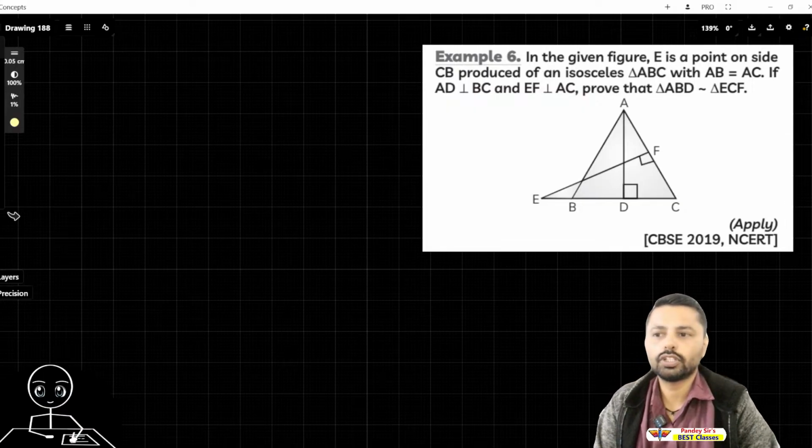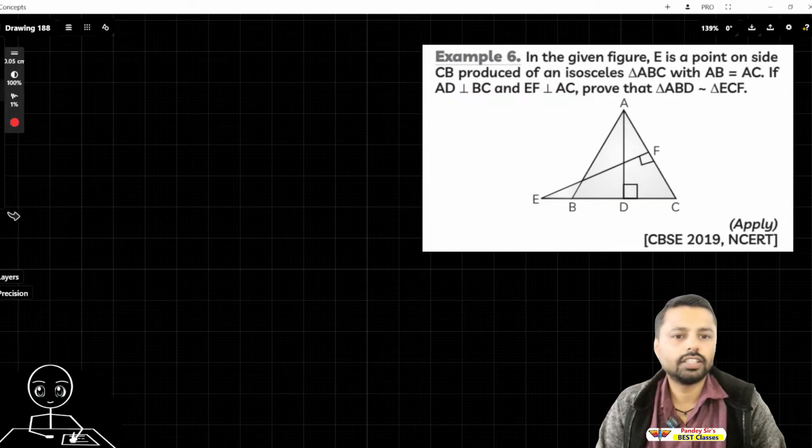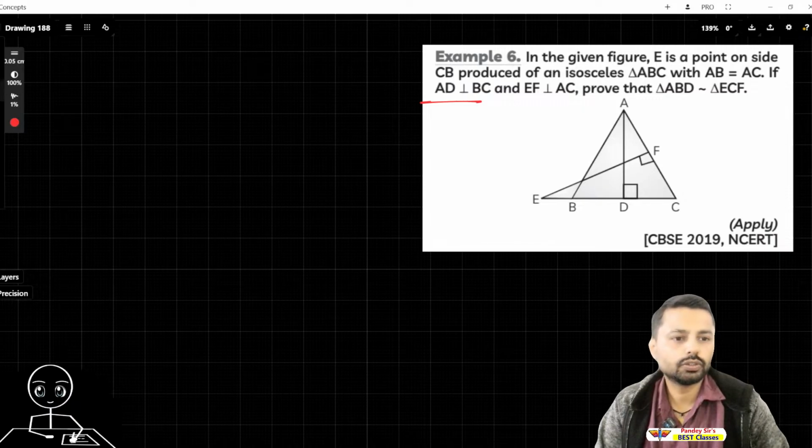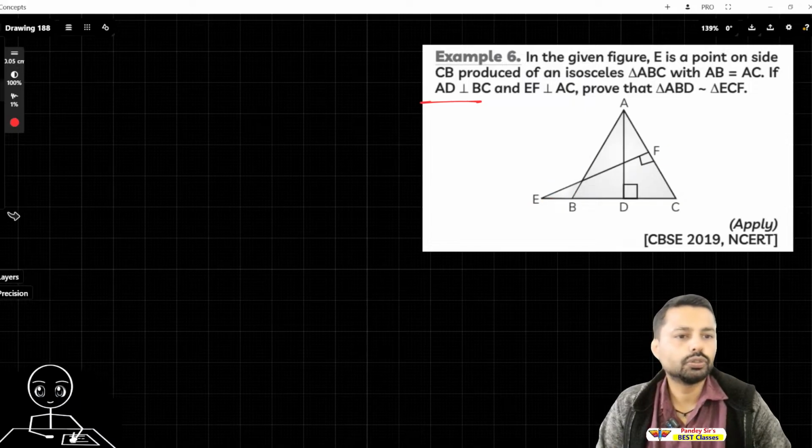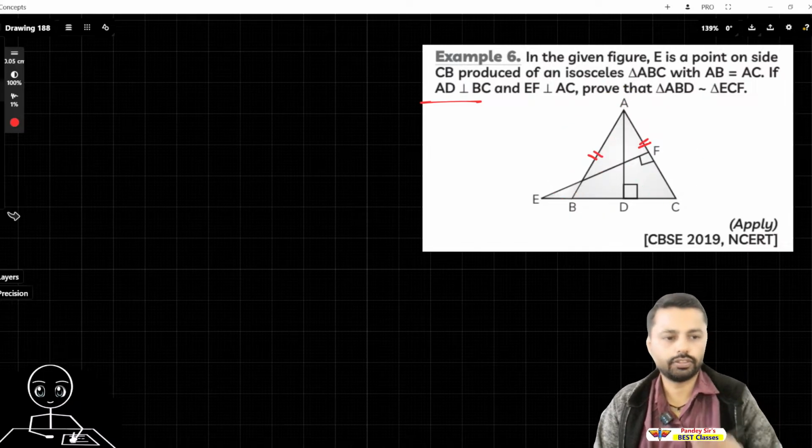What is given? AD is perpendicular to BC, this one they mean, and EF is perpendicular to AC, this one they mean. Also, it's an isosceles triangle. AB and AC are equal. Okay, fine.